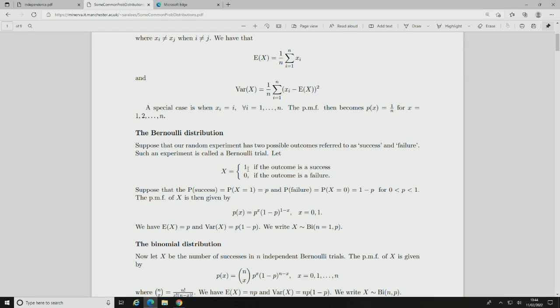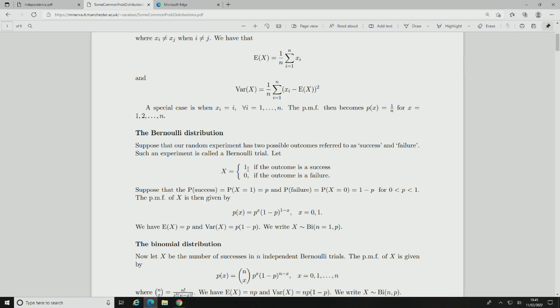Now, combining all these terms together, you will get this to be P. If you combine all these terms together, you will get this.